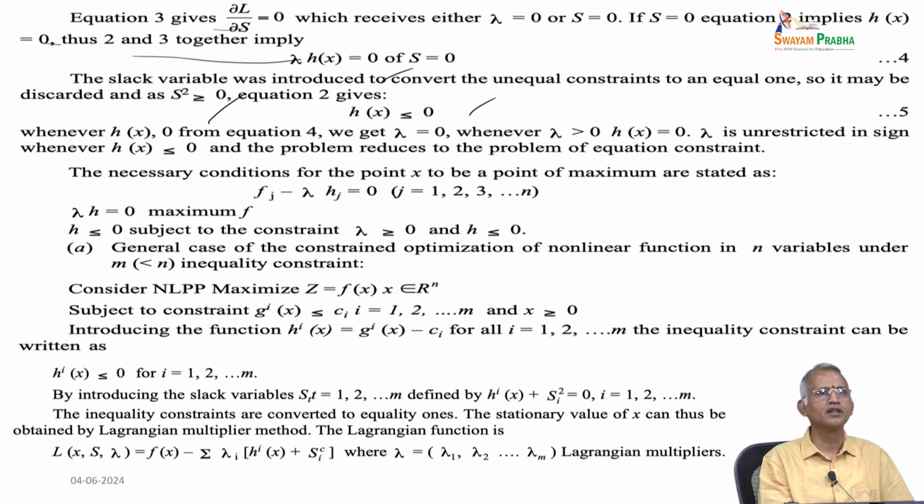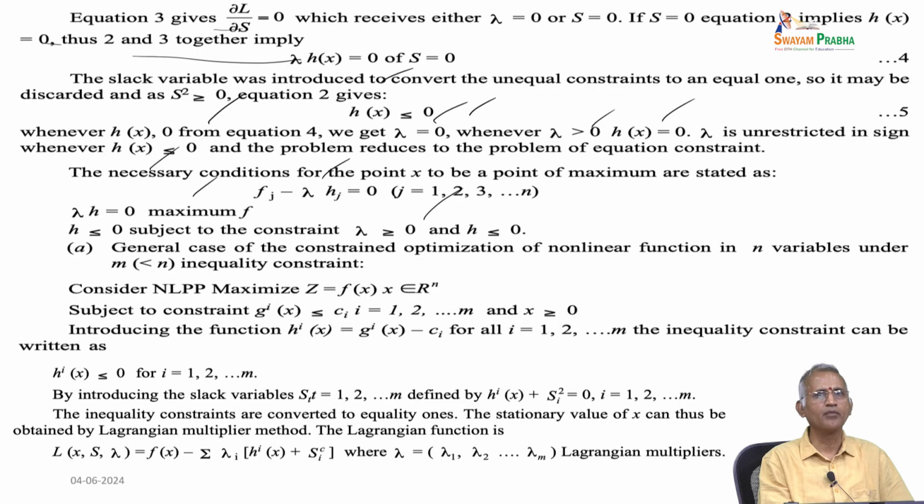Whenever h of x is less than 0, from equation 4 we get lambda equal to 0. Whenever lambda is positive, h of x equal to 0, and when lambda is unrestricted, then h of x is negative. So the problem reduces to the necessary conditions: fj minus lambda hj equal to 0, lambda h equal to 0, maximize f subject to the constraints lambda greater than or equal to 0 and h less than or equal to 0.